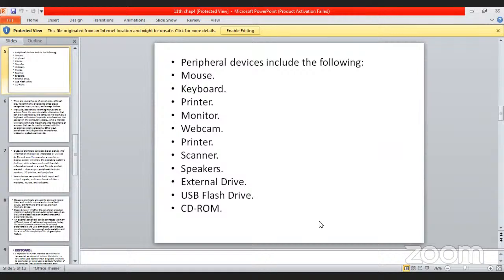So peripheral devices include the following things: mouse, keyboard, printer, monitor, webcam, scanners, speakers, external drive as well as USB flash drive and CD-ROM also. So those are the different types of peripheral devices.